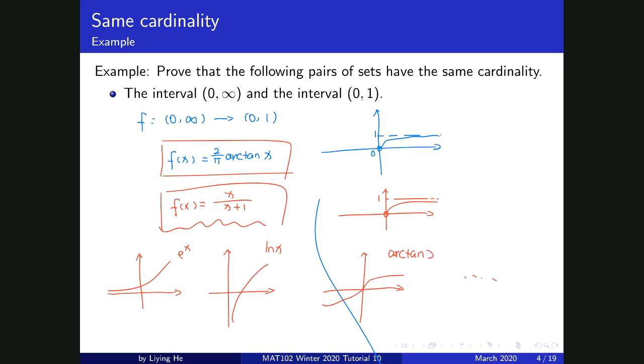It will be better that you know the graphs of those functions, so that if you have a question like this, you know that it maps from 0 to infinity to 0 to 1, so we need some function that looks like this part of this function. That's a good thing you can have. So if you want to be prepared, know as many graphs as you can. Then when you see such functions, you have some kind of intuition.